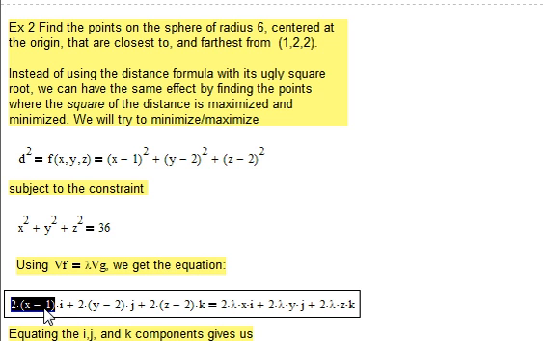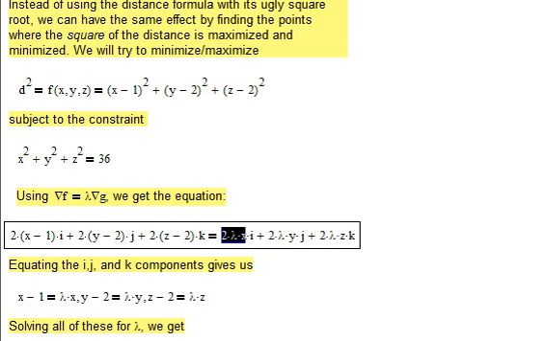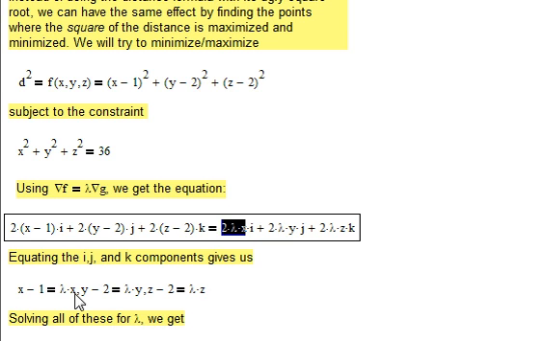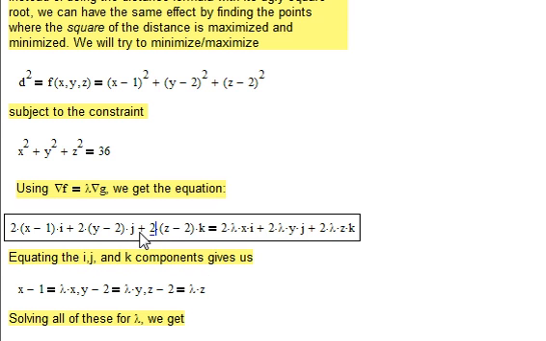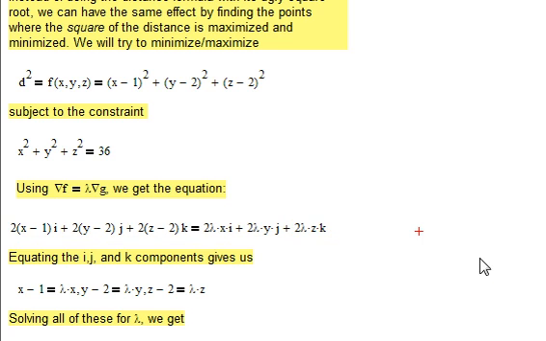And so our 2 times quantity (x minus 1) is equal to 2 times lambda times x. So in other words, x minus 1 equals lambda times x. y minus 2 you can see is lambda times y, and z minus 2 equals lambda times z. I think you can see why that has to be, because this equals this, and you can cancel the 2's.